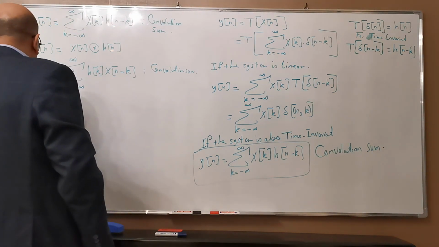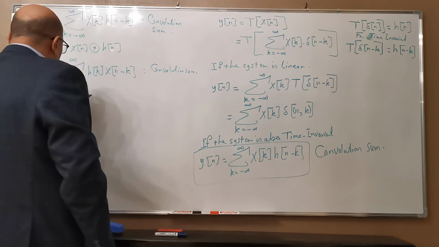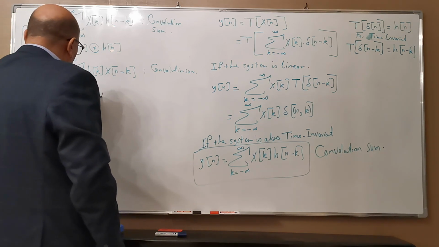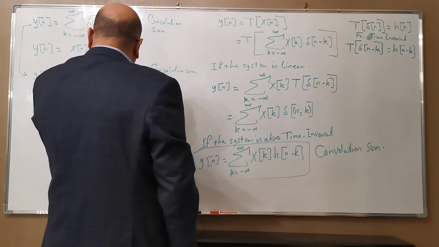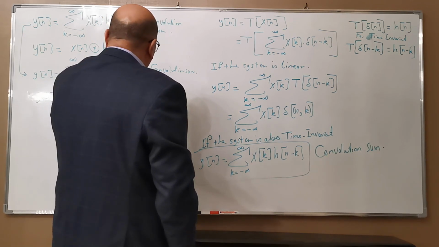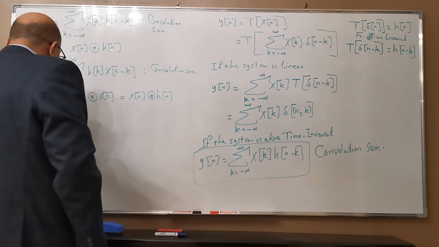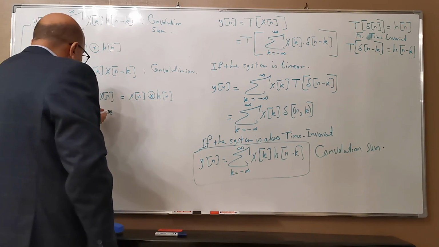And y of n is equal to h of n star circled x of n, which is equal to x of n star circle h of n. So this is a commutative operation.